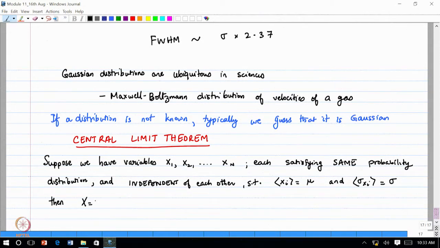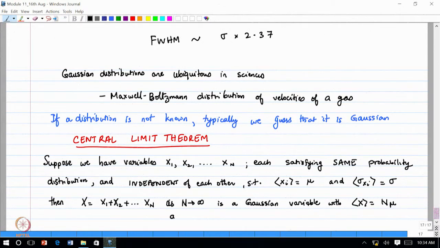x equal to x1 plus x2 up to xn, the sum of these variables, as n tends to infinity, so if you have a very large number of variables, the sum of these variables, x, is a Gaussian variable with average of x equal to n times mu and sigma of x equal to sigma divided by square root of n.